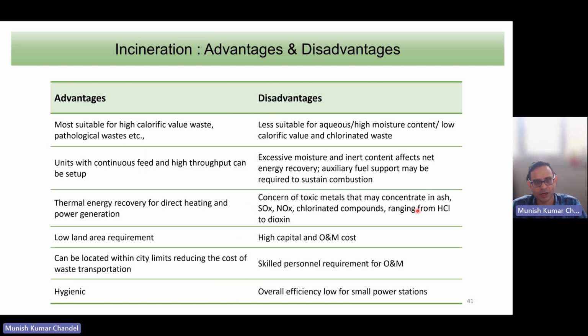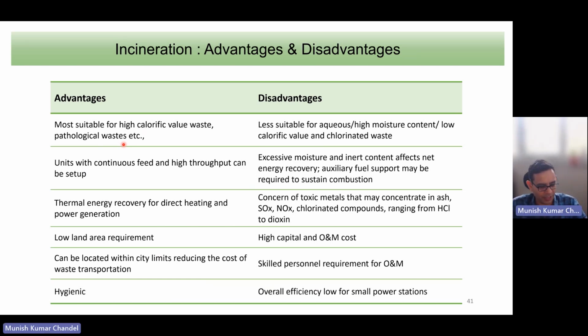Let's have some discussion on the advantages and disadvantages of an incineration system. It is most suitable for high calorific value waste and pathological waste. What does it mean?